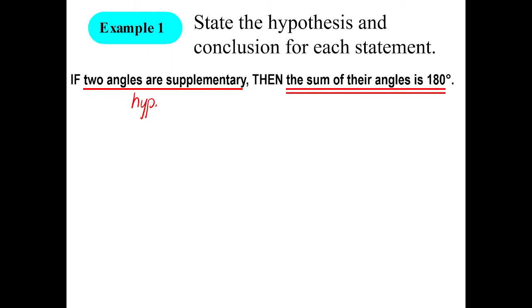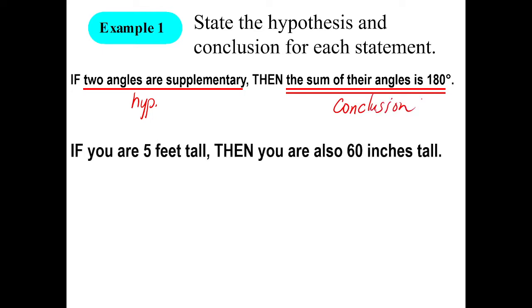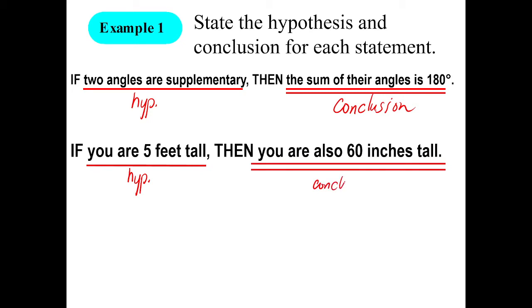Okay, the sum of their angles is 180 degrees is your conclusion. Let's have another one. If you are 5 feet tall, then you are also 60 inches tall. Okay, that's your hypothesis. What about the conclusion? Okay, that's our conclusion.